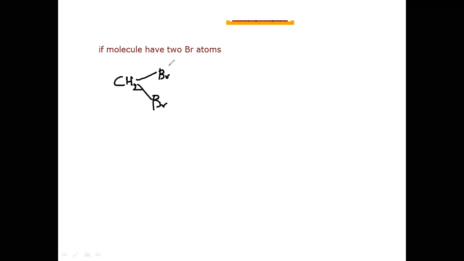Suppose these two Br are of the lighter isotope 79. What is another possibility? CH2 with one Br of 79 and consider this Br of 81.